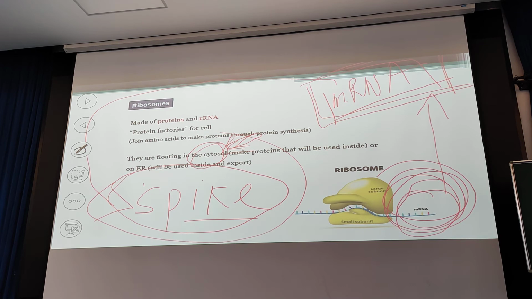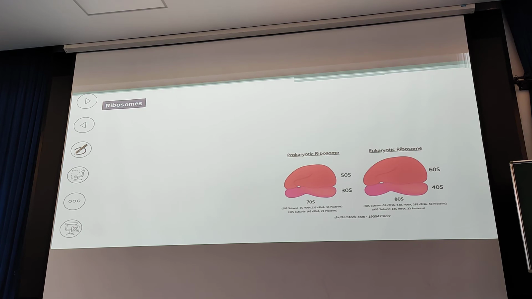So ribosomes are a very important part, the site of protein synthesis, translating the message from the mRNAs into proteins. Ribosomes can be found in both prokaryotic and eukaryotic cells.